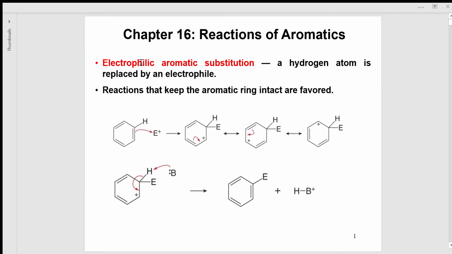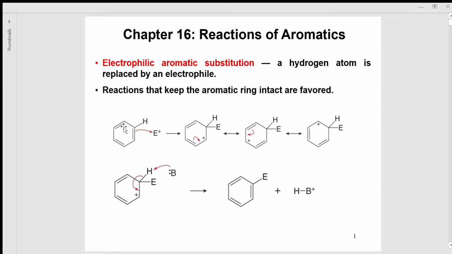Basically, the key reaction we learned last Thursday is the electrophilic aromatic substitution reaction. The key point for this reaction is how we generate the electrophile. The electrophile basically is something or a molecule that bears a positive charge.